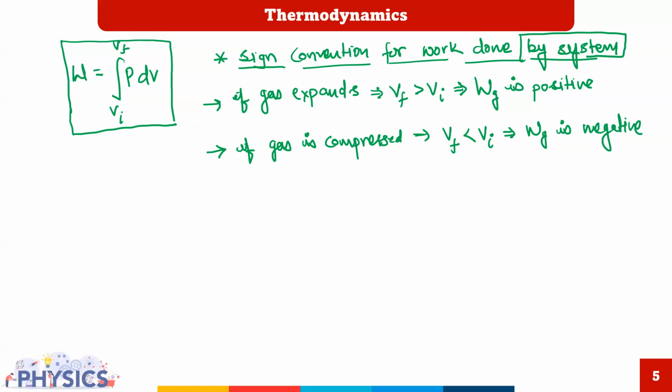So if I say work done in physics, then I will read, if gas is expanding, work done will be positive. If gas is compressed, work done will be negative. This is in physics. In chemistry, if gas expands, work done will be negative, and if gas is compressed, work done will be positive, because in chemistry, you are calculating the work done by surrounding. So keep this in mind.